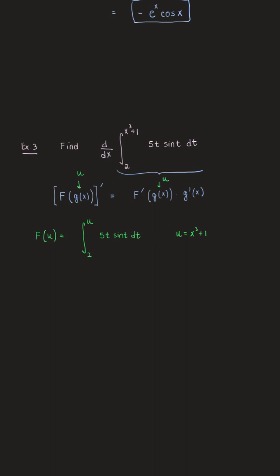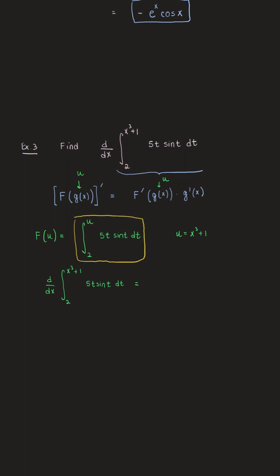If we're going to find the derivative of the entire function, the composition, we are going to need to take the derivative of the outside function. So we're applying the chain rule here. First we're going to take the derivative of this function with respect to u.